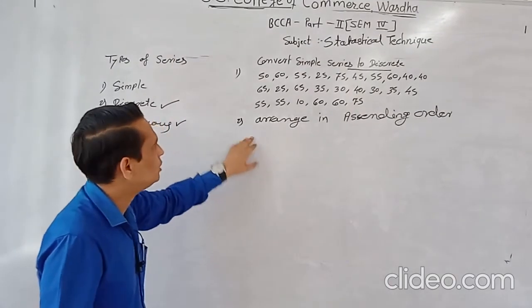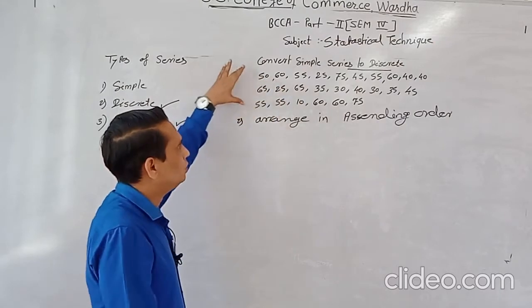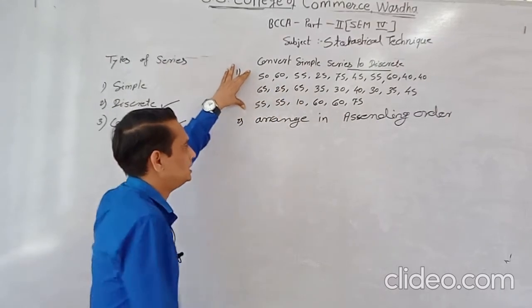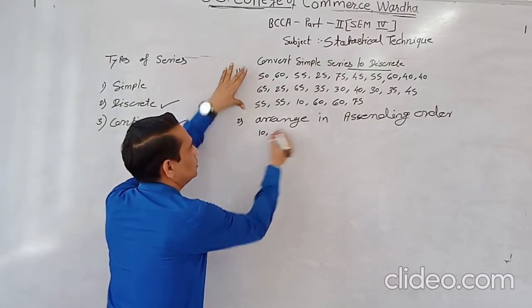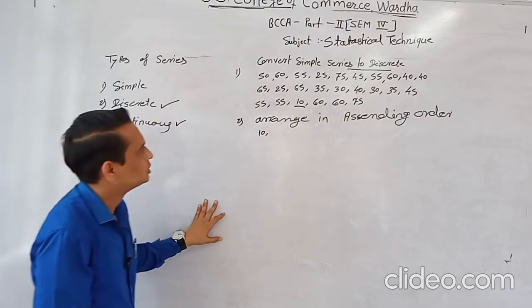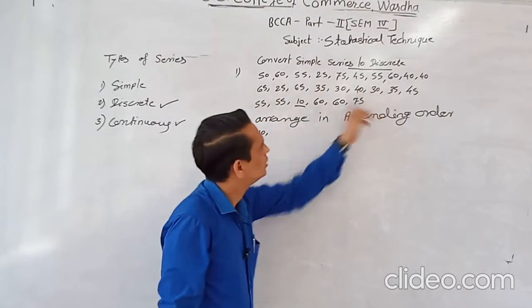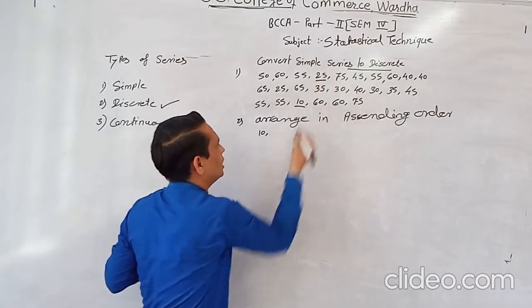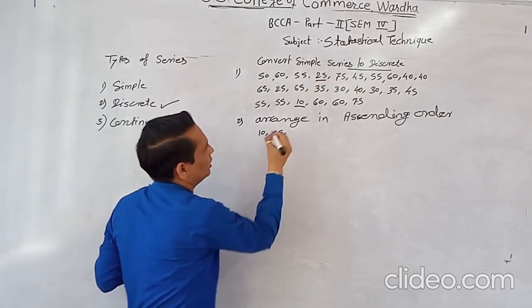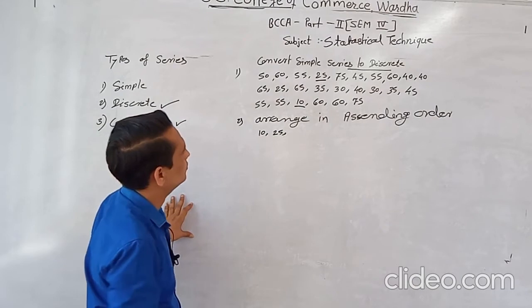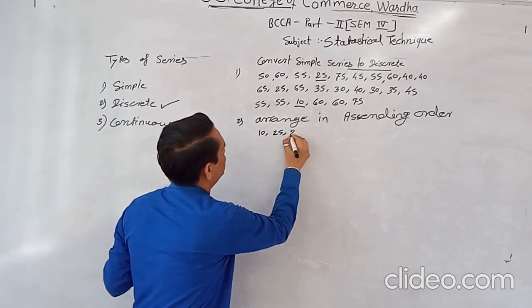The lowest value in the simple series is 10, so 10 is the first number. The next lowest value is 25, again 25.